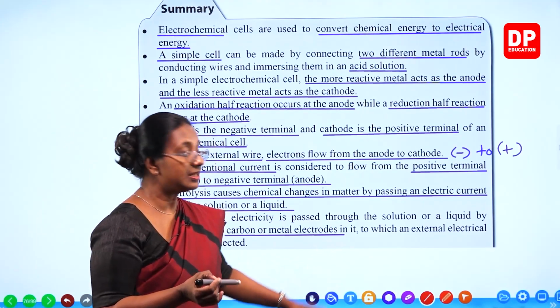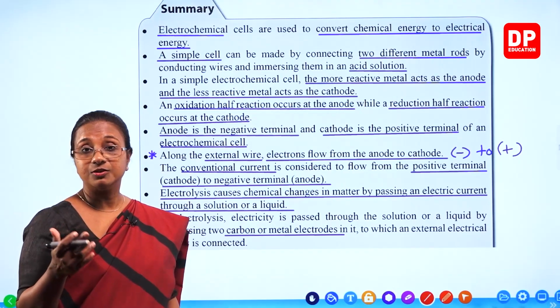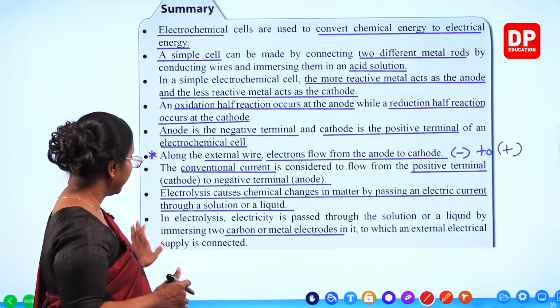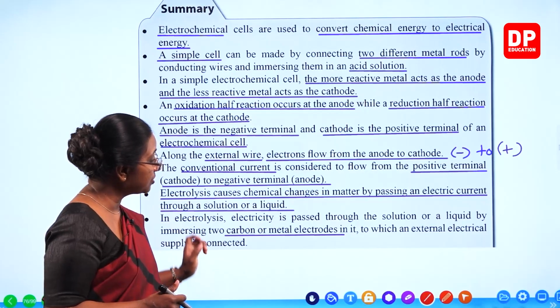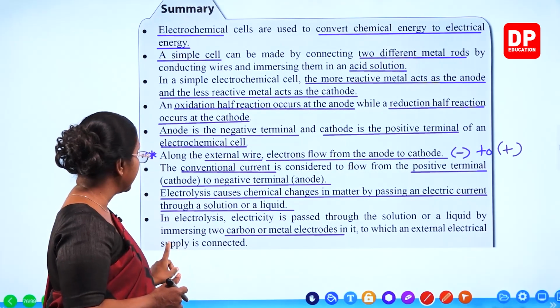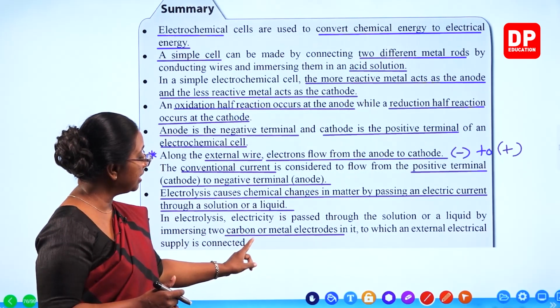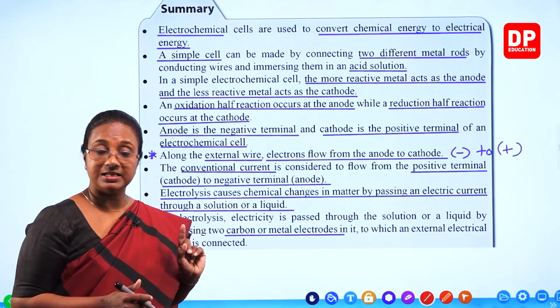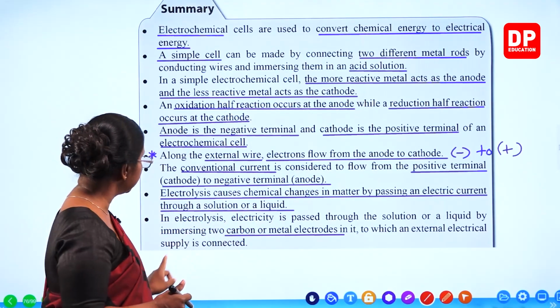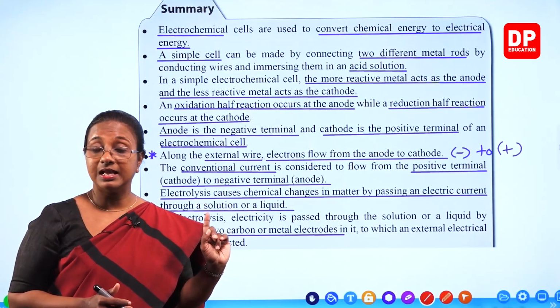But if it is metals, then of course they can undergo oxidation. An external electric supply is connected to the electrodes.